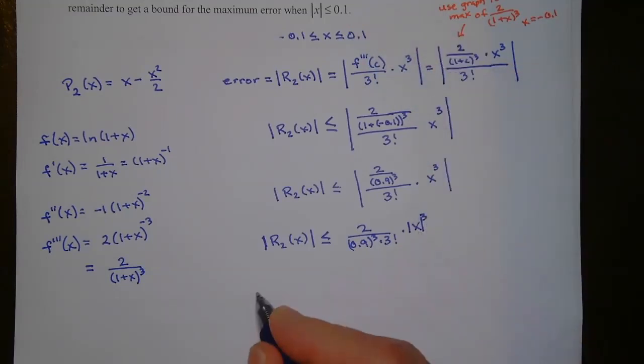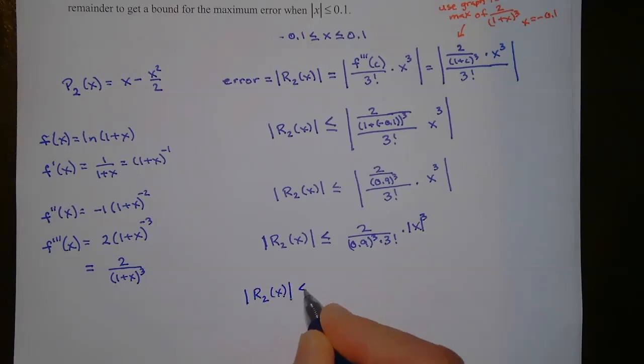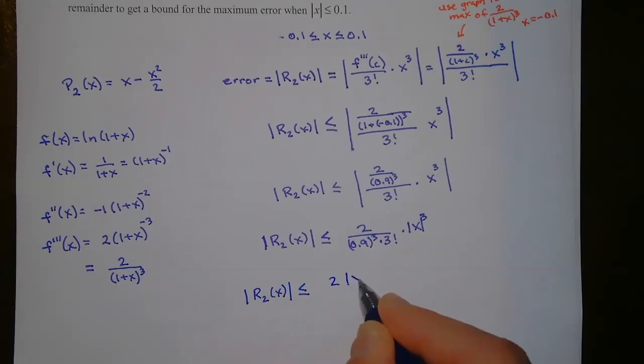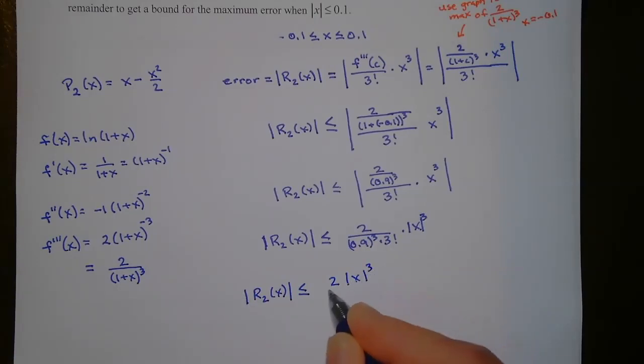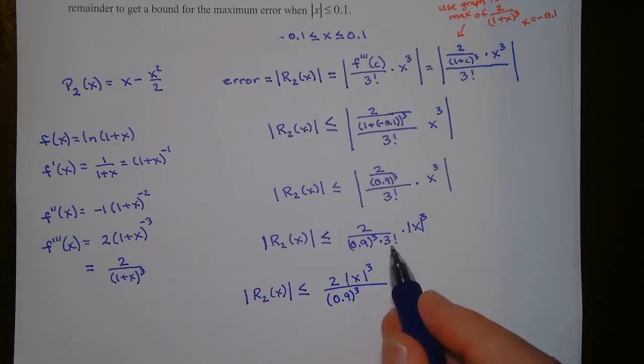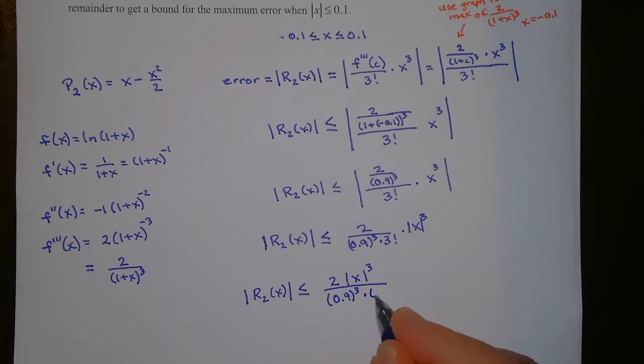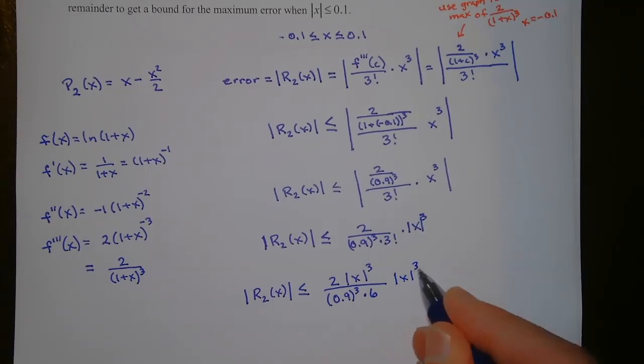Then the absolute value of r sub 2 of x is less than or equal to 2 times the absolute value of x cubed over 0.9 cubed times 3 factorial, which is 6.